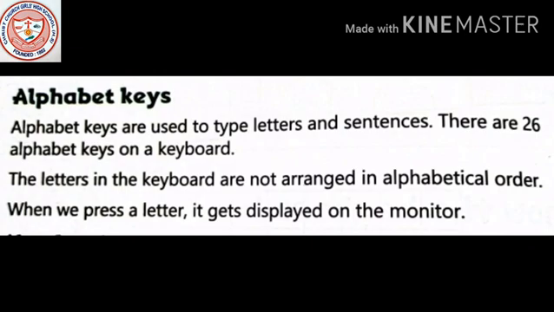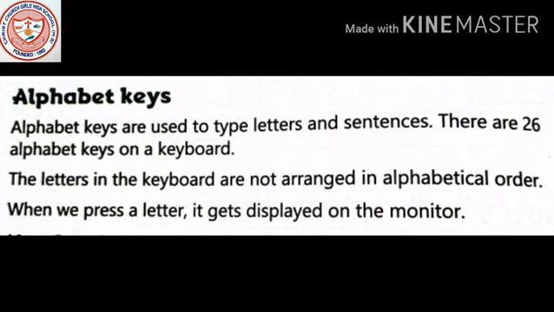When we press a letter, it gets displayed on the monitor. Whenever we press any alphabet, it is displayed on the monitor screen. That means if I press R on my computer, I can see R written. If I press I, I get to see I on my monitor screen.